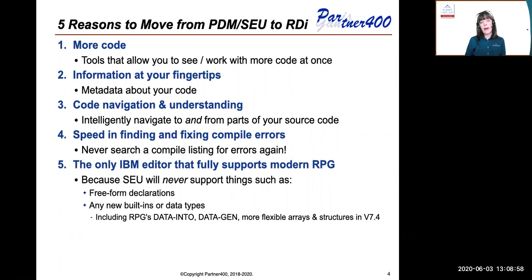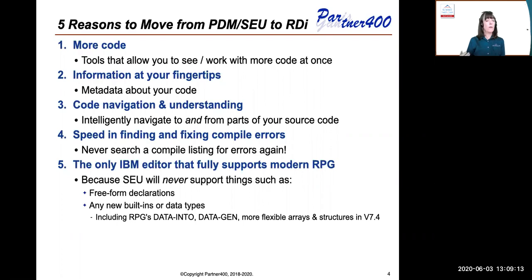And the last one, I must confess, is one that a lot of people are beginning to move because of. It wasn't so much the case maybe a couple of years ago. But these days, RPG is getting so many new features so rapidly.